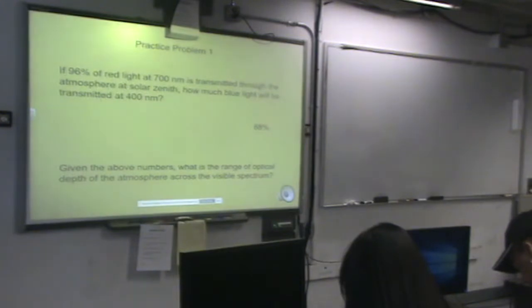First we have to figure out one optical depth. Then you know the ratio of one optical depth to the other. That's what I want to do.